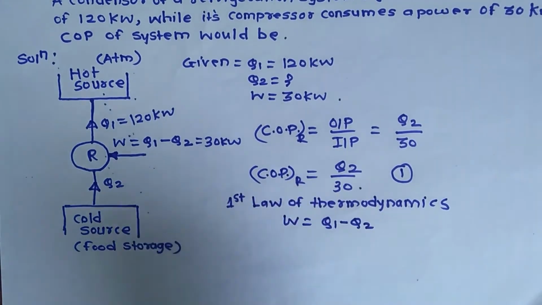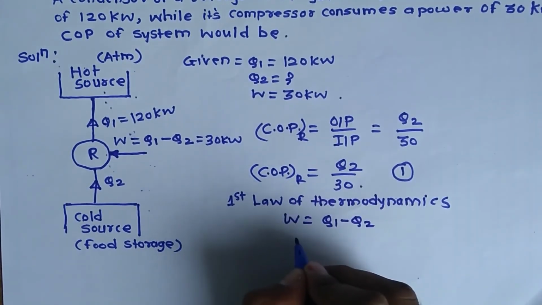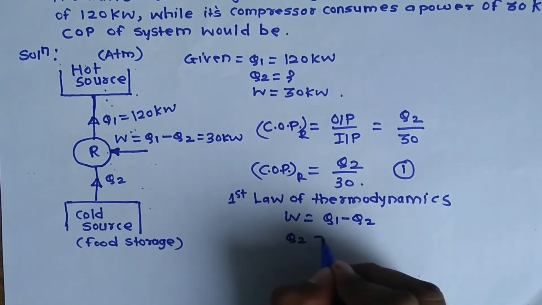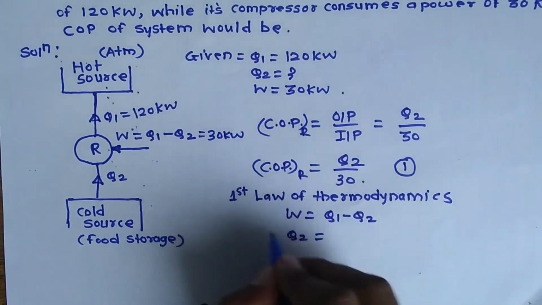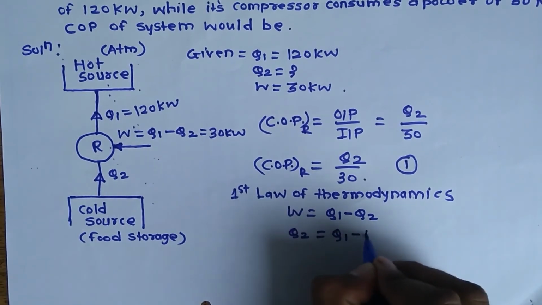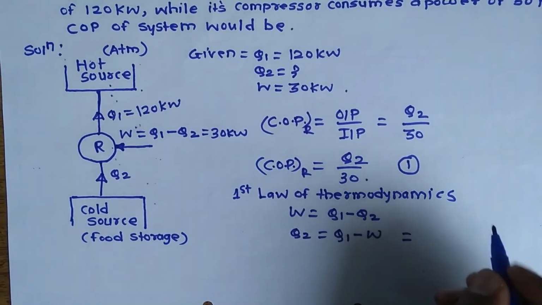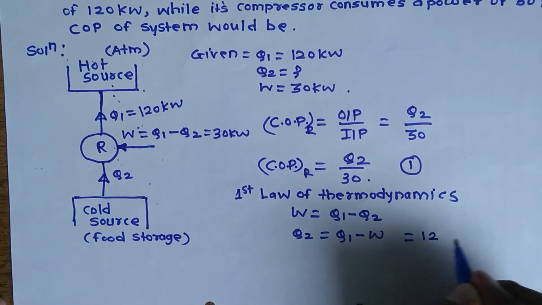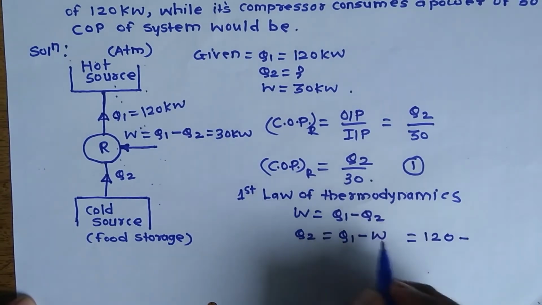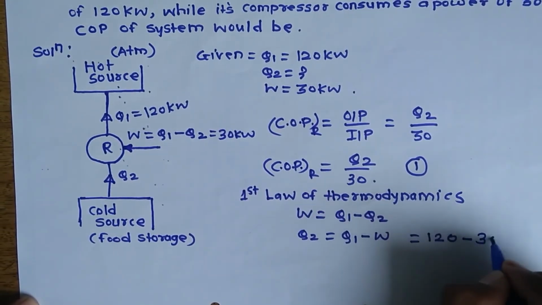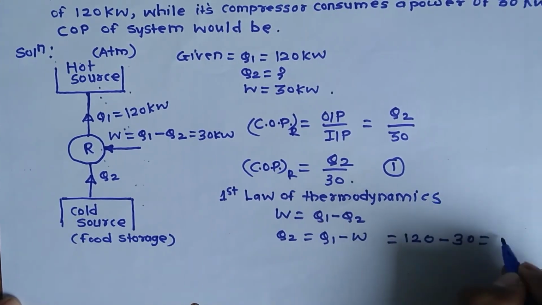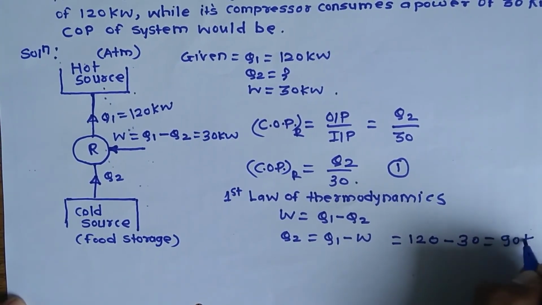So here we have to find out the Q2. So we can find out the Q2 easily. Q2 is equal to Q1 minus W. So Q1 will be 120 minus W is 30 kilowatt. So Q2 will be the 90 kilowatt.